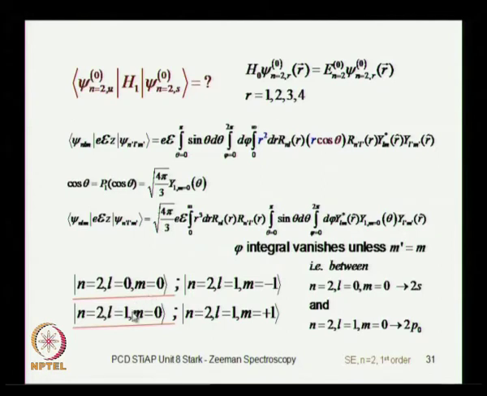Okay, so, these are the only 2 states which really need to be considered, because for the remaining 2 you cannot get the possibility that m prime is equal to m, as a result of which those integrals will vanish, the corresponding phi integration will vanish.